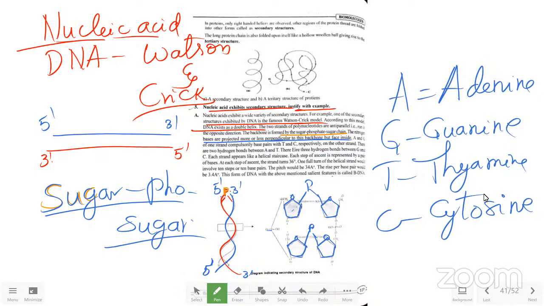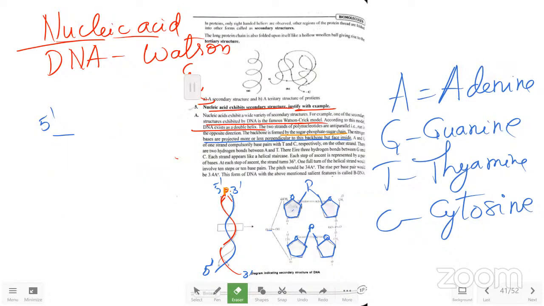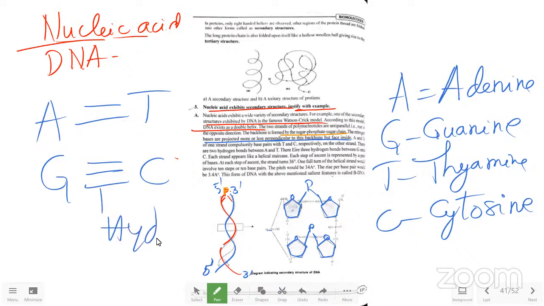Like this, the 4 nitrogen bases are represented with AGTC: adenine, guanine, thymine, and cytosine. Adenine always makes a double bond with thymine, and guanine always makes a triple bond with cytosine. These bondings are completely made up of hydrogen bonds.